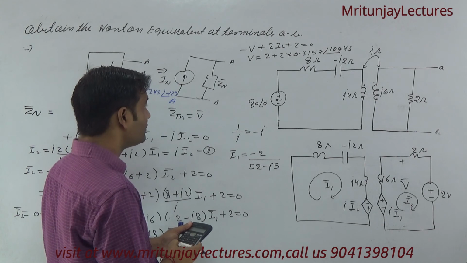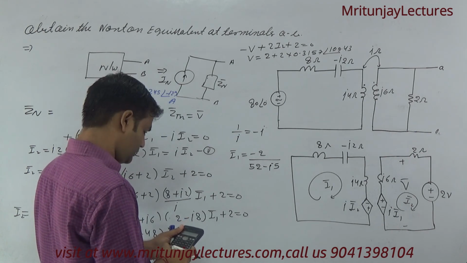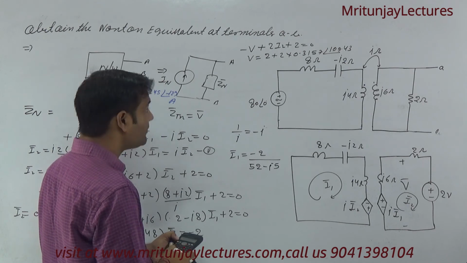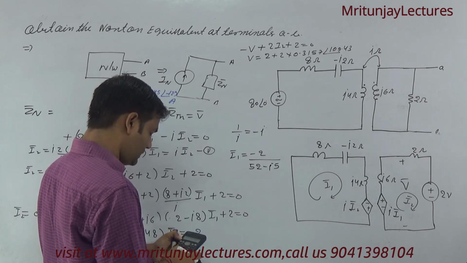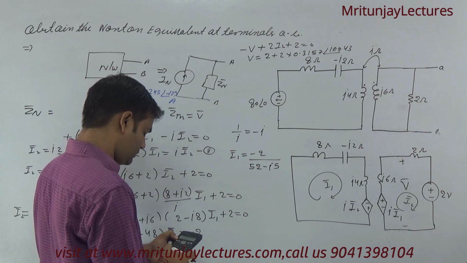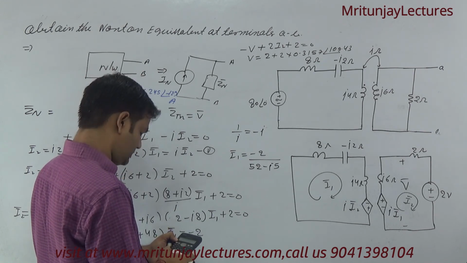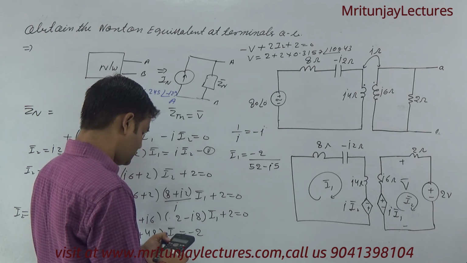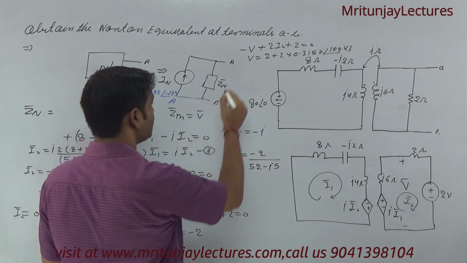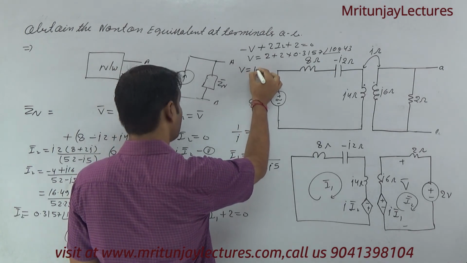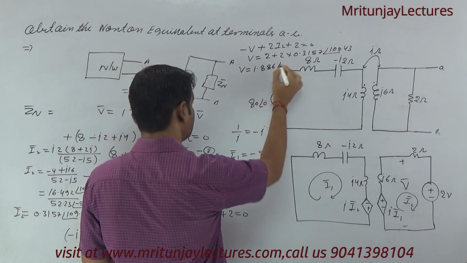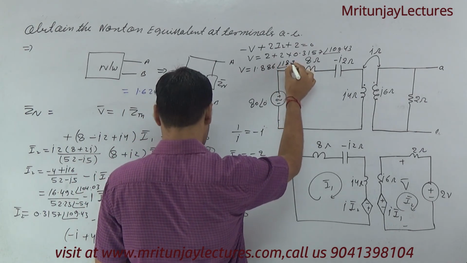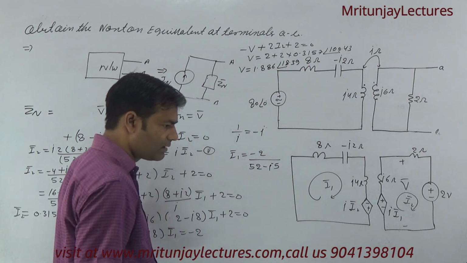So 2 into 0.3157 at the angle 109.43 plus 2 at the angle 0. If this one is calculated, we get 1.886 at the angle 18.39.